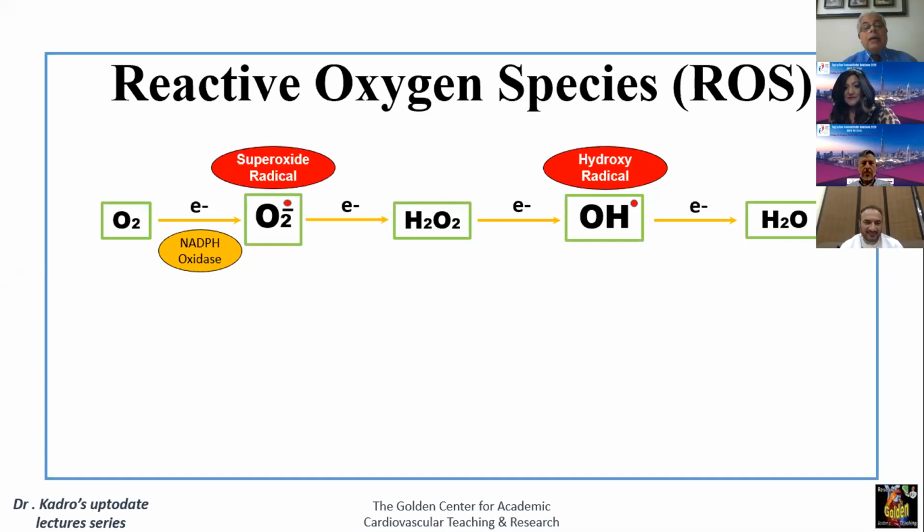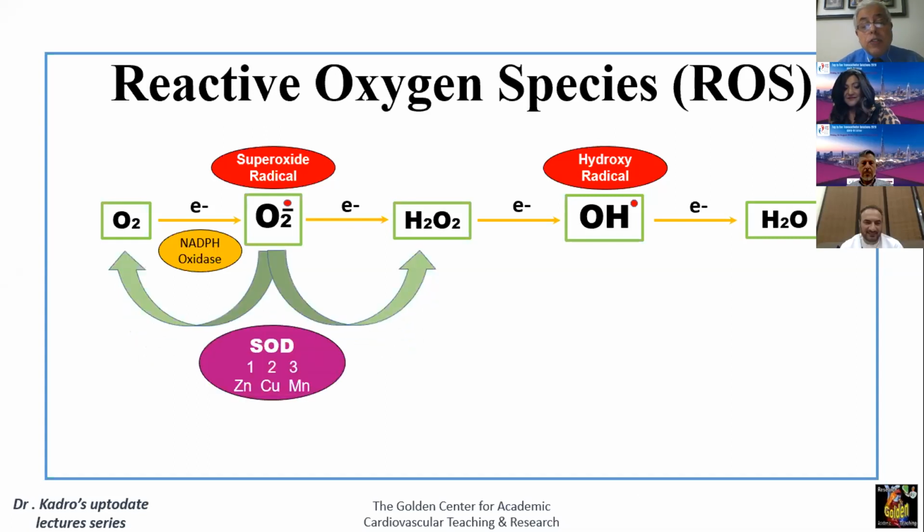Now, how does our body protect us from that? There are a lot of things. We have an enzyme called superoxide dismutase, which has 3 subunits: one in the mitochondria, one in the extracellular matrix, and one inside the cytoplasm. The cofactors are zinc for one, copper for another, and manganese for the third.